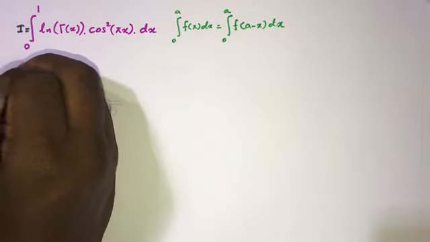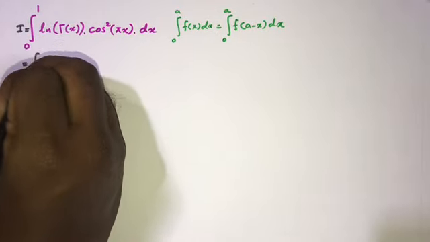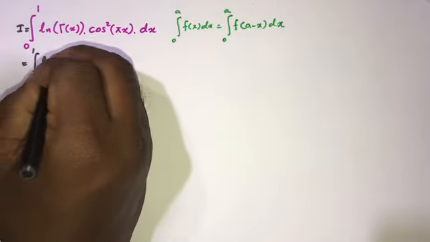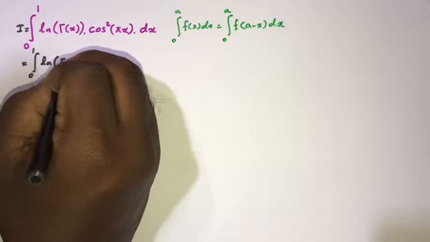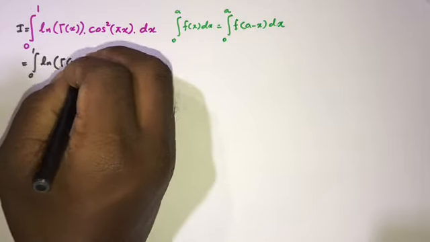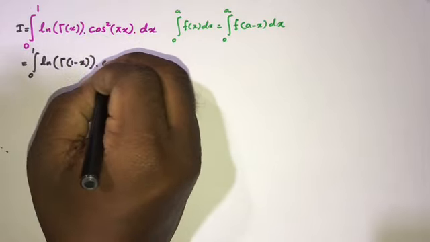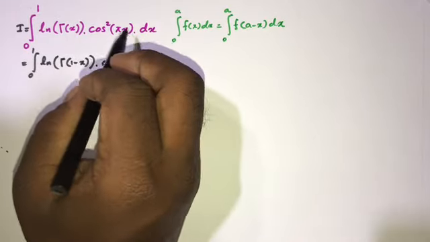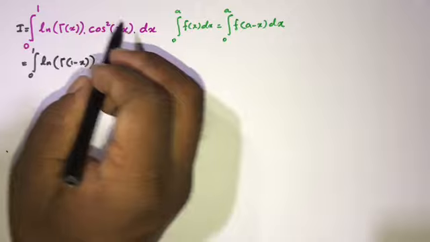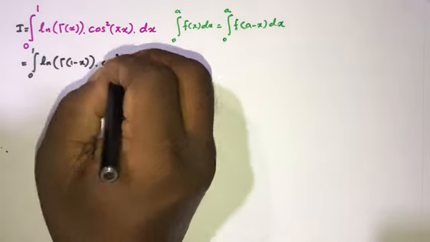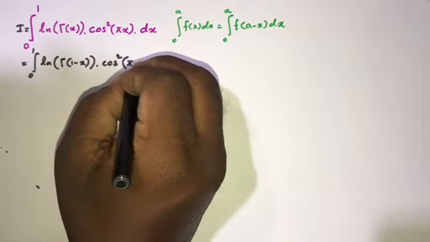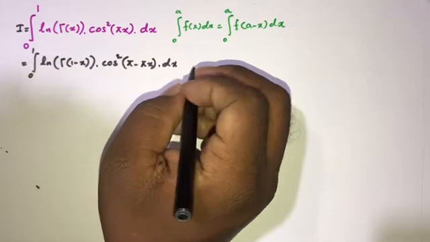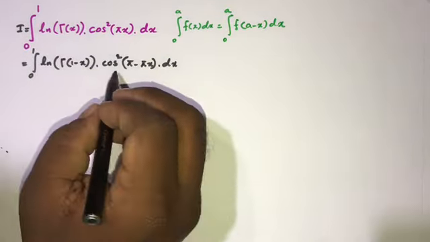So we can write this is equal to the integral from 0 to 1 of natural log of gamma of 1 minus x times cosine square of, now instead of x we plug in 1 minus x, so cosine square of pi minus pi x, dx. Then we can simplify this.